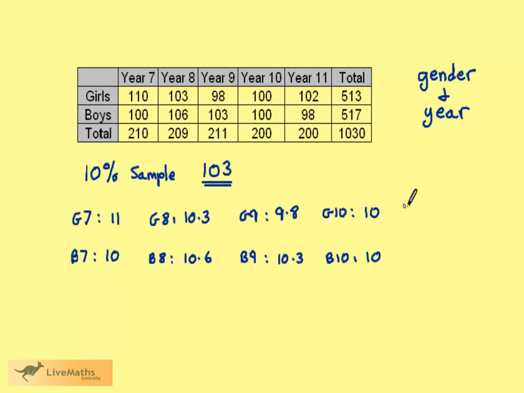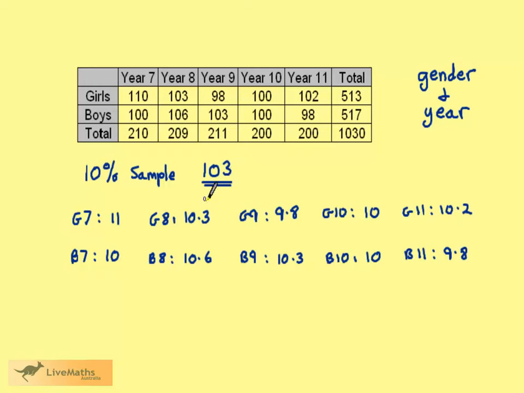We then want 10% of 102, which is 10.2. And 10% of 98 is 9.8.